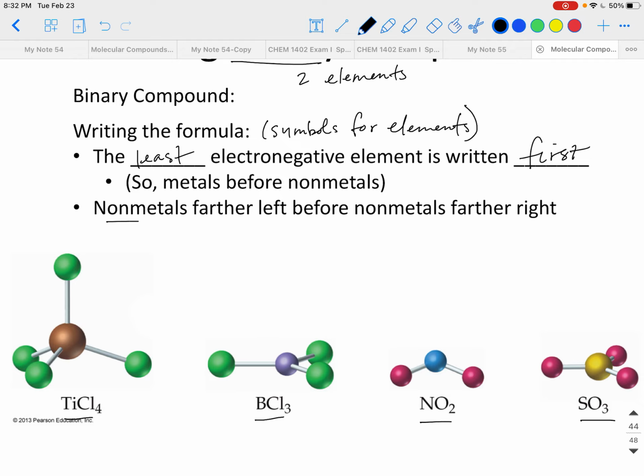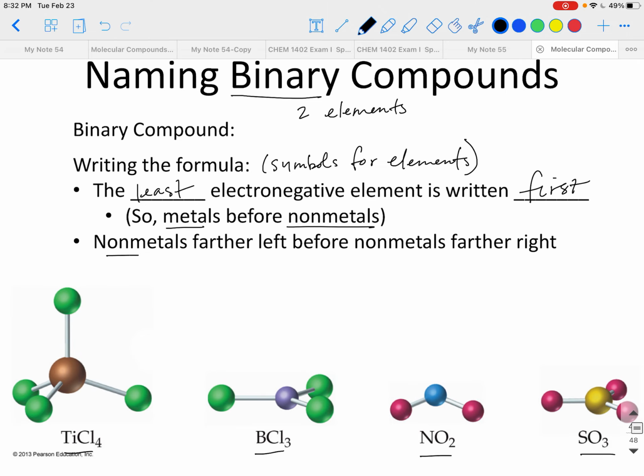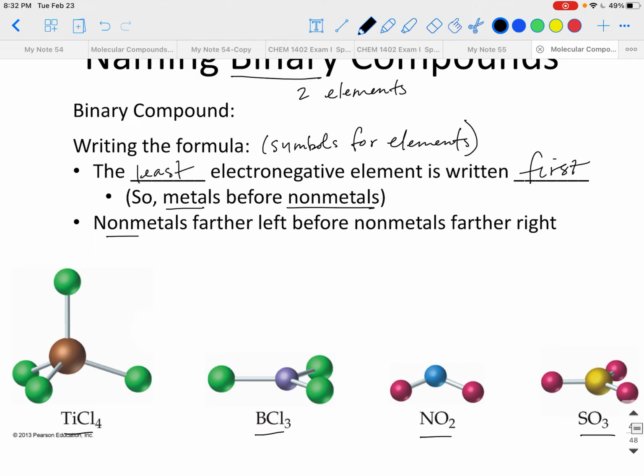Typically in covalently bonded molecules, you have two nonmetals, but we're not just necessarily talking about covalently bonded molecules here. We can have metals or nonmetals. We're just talking about binary compounds in general. So metals before nonmetals, and then if you have a compound that's fully covalent and you have two nonmetals and you're trying to decide which one to write first or second, it's going to be the nonmetal further left.